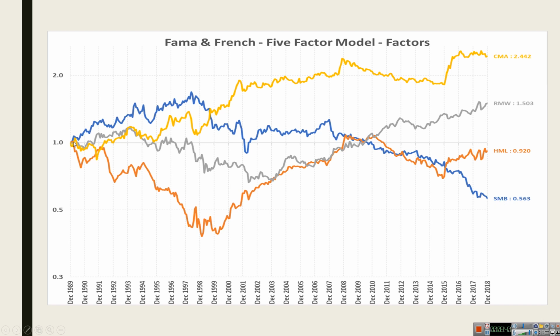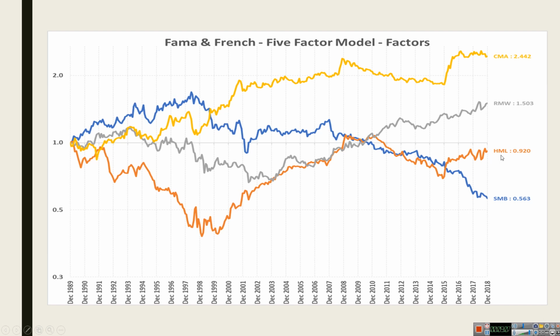You'll see that there was, in fact, a positive size effect. In other words, small companies did better than big companies for about the first 10 years of our data here. And then it drops off and remains pretty constant for a while. And then pretty much over the last 10 years, you can see it's been going the other way. Large companies have outperformed. So this is not a consistent style. It's up, then flat, and then down.